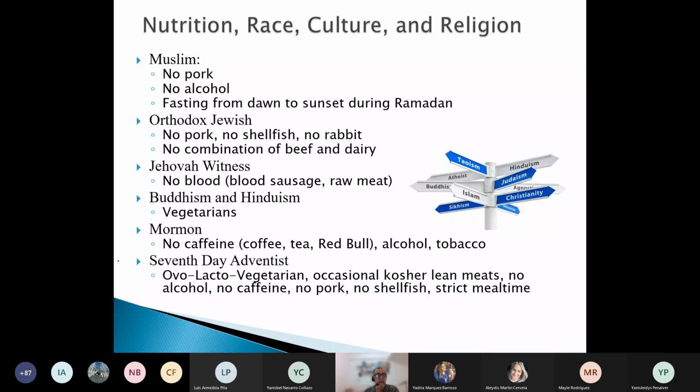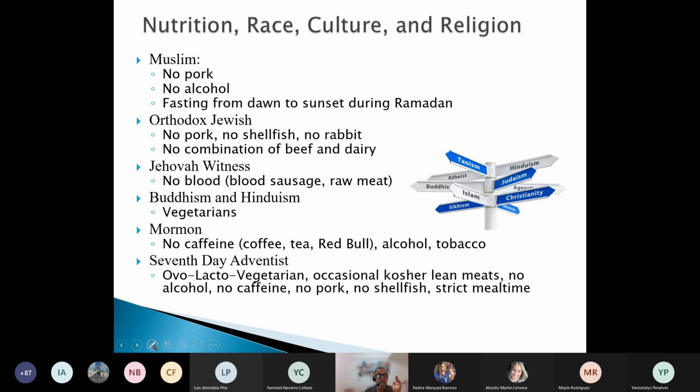No caffeine. And recently there was a question about a Christian Protestant group, which is the Seventh-day Adventist, the Adventist religion, that they are very similar to the Orthodox Jewish, and they favor the ovo-lacto vegetarian diet.